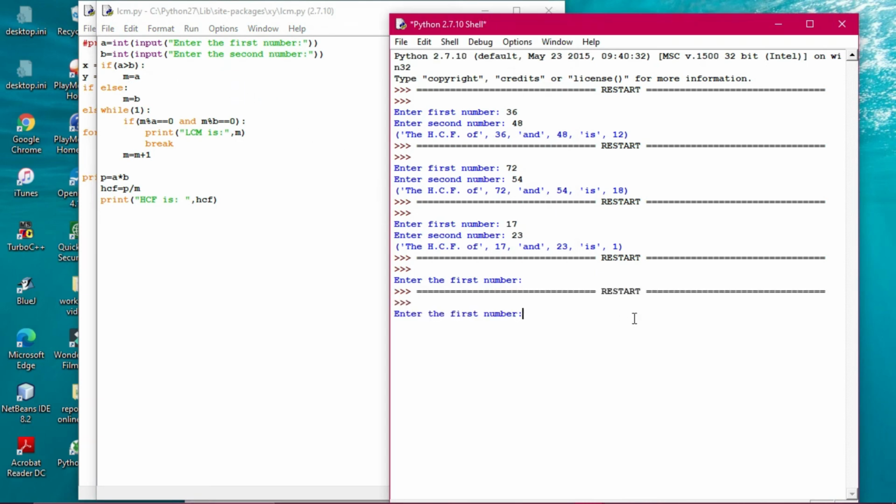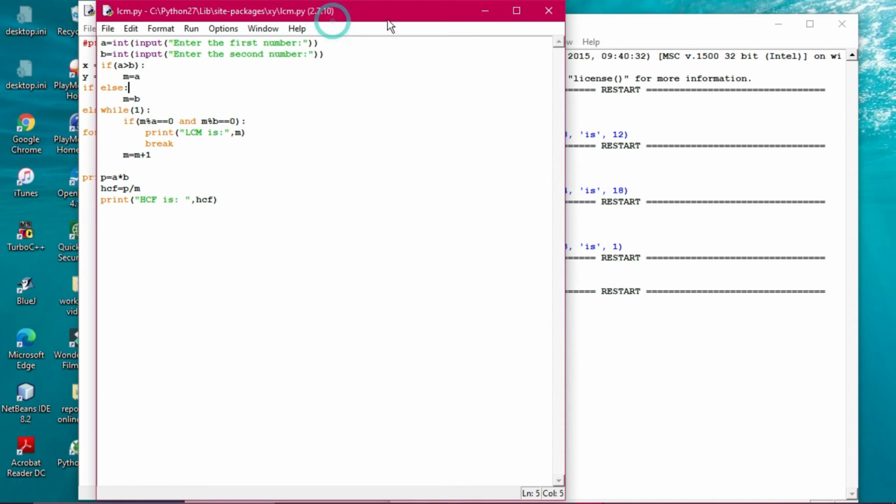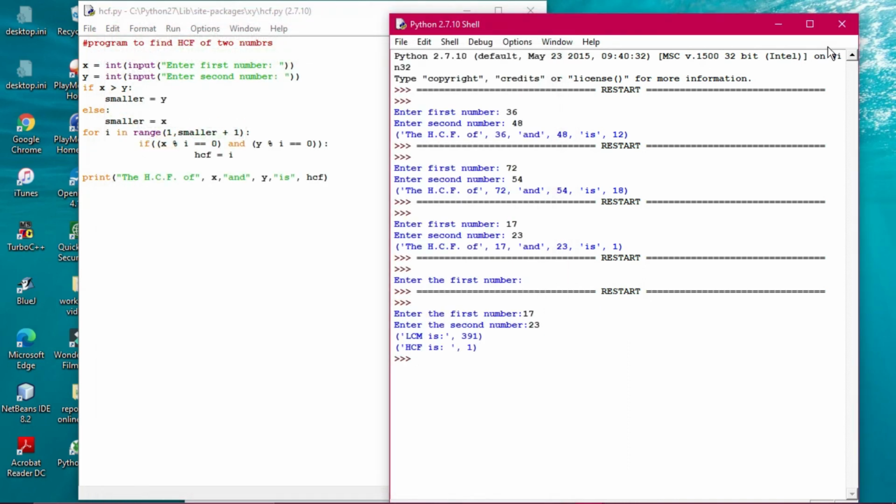Enter first number. Say I am entering 17, and here also 23. You see, the LCM will be the product of the numbers, and the HCF is always 1, because 1 is the only common factor which can divide these two prime numbers. So there is no question of any other number, since they are prime numbers.